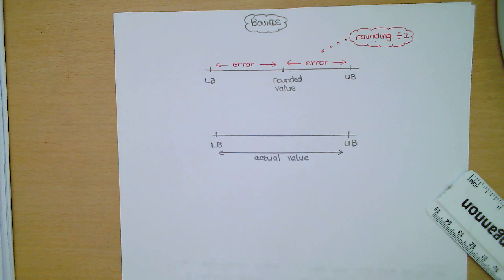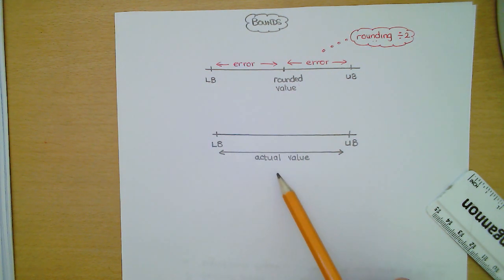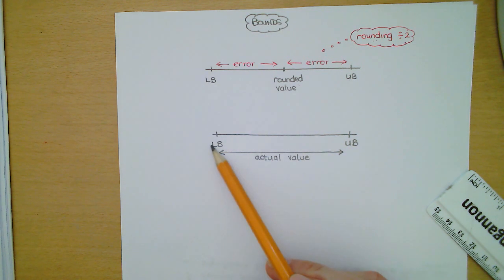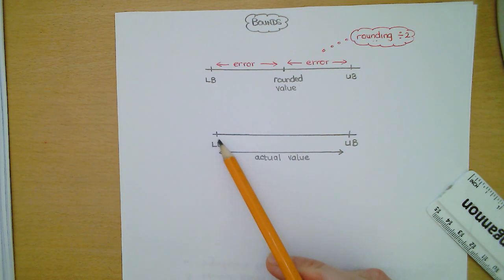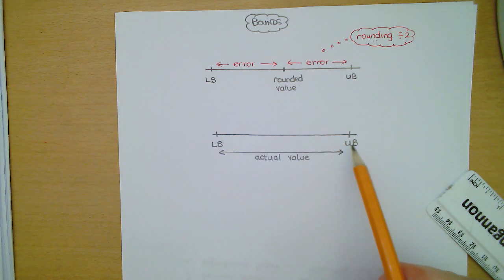So the point being here that we can never actually deduce what the actual value of the quantity was before it was rounded, but we can certainly narrow it down between two possible values, a smallest possible value for the actual value and a largest possible value for the actual value.